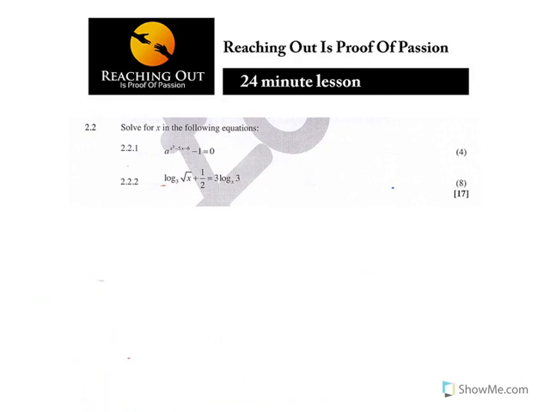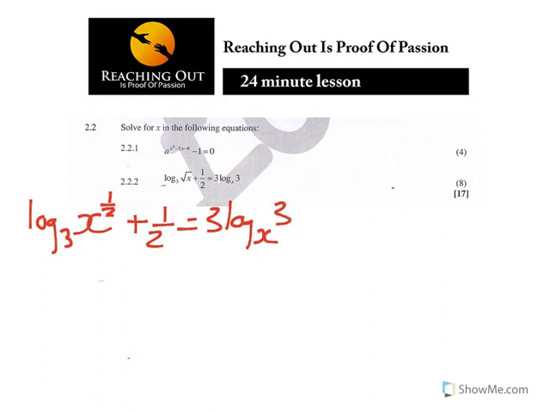Now with log 2.2, if you look at this carefully, it says log base 3 of the square root of x, which is the same as x to the power half, plus 1 over 2, is equal to 3 log base x of 3.